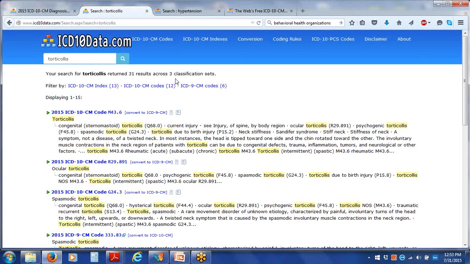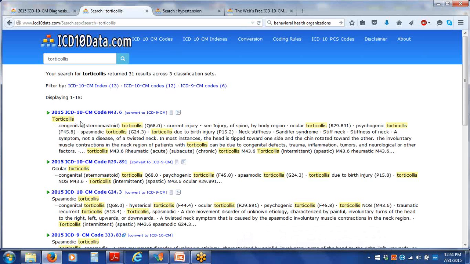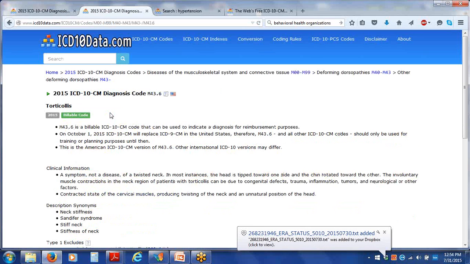Here's another search that I did. I did a search for torticollis, and it gave me 31 results across 3 classification sets. So if we look at just torticollis in general, it's M43.6, which is the ICD-10 code. If I click on that, it tells me that M43.6 is a billable code.